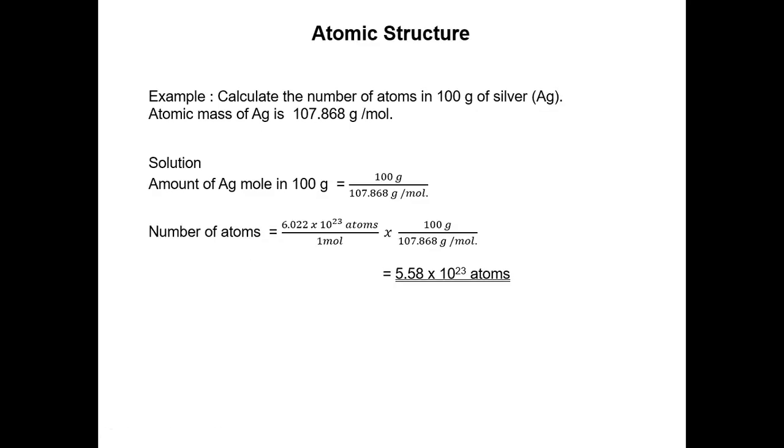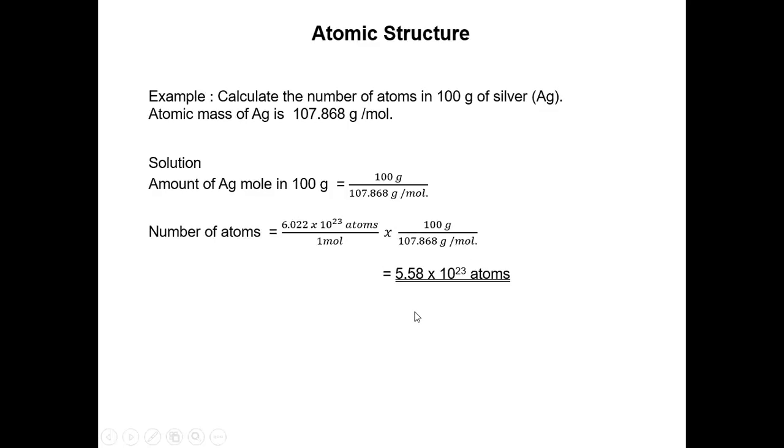So to find the number of atoms, what do you do? 1 mole is Avogadro number of atoms. 6.022 times 10 to the power 23 is the Avogadro number. In 1 mole, this amount of atoms are there. Then in this many moles, how many atoms? So you multiply it by this one.